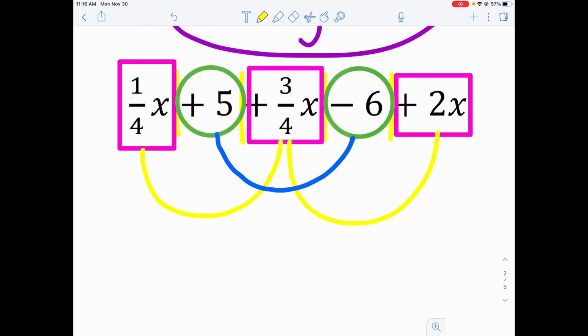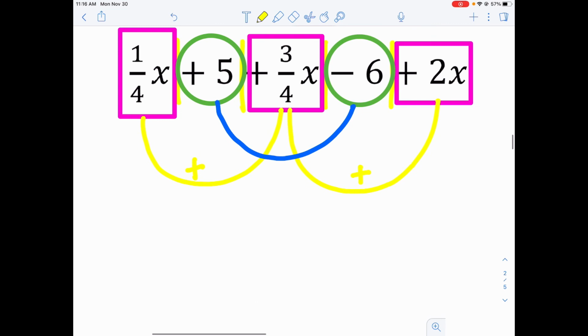To combine like terms, we are always adding them. So first I'm going to add 1/4 x plus 3/4 x plus 2x. You can add all of those numbers in your calculator. Do 1/4 plus 3/4 plus 2. When you do it all in your calculator, you should get that it is 3x.